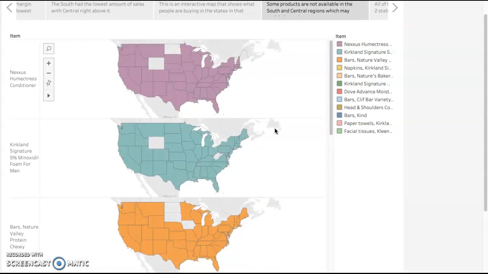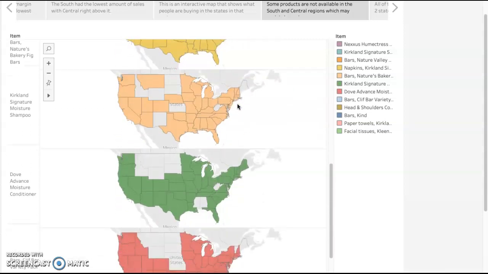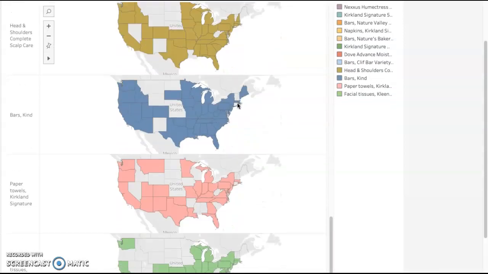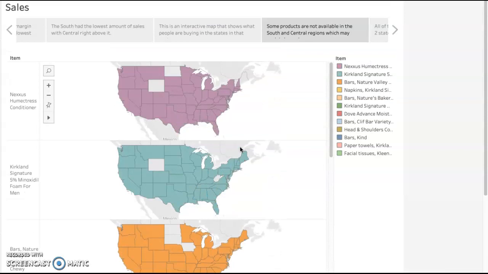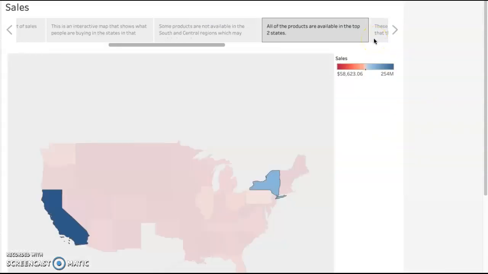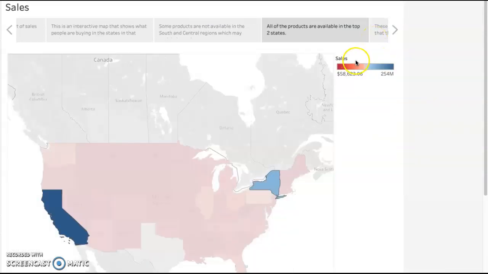For example, it goes from most available to all the way down to least available. And most of the states that are excluded are in the South and Central regions. And I also noticed that all of the products are available in the top 2 states, which had the highest sales.